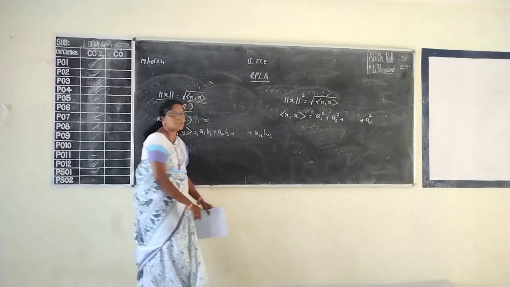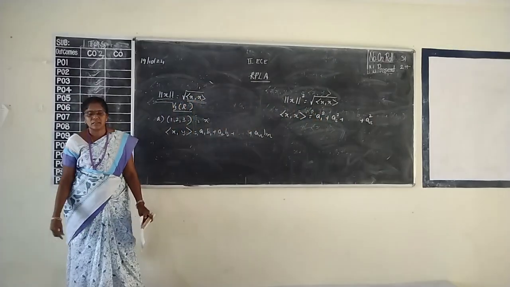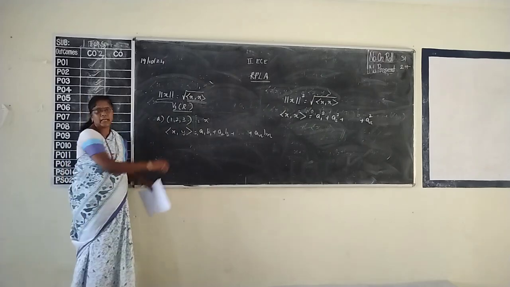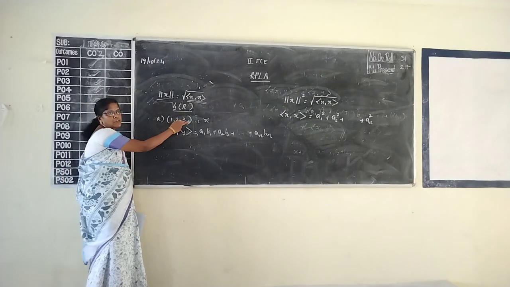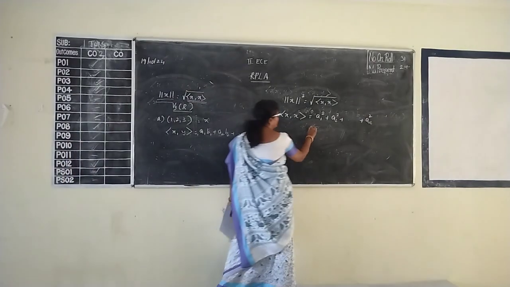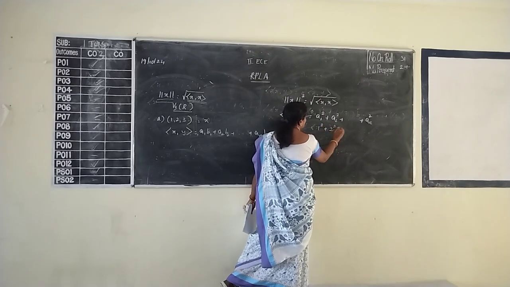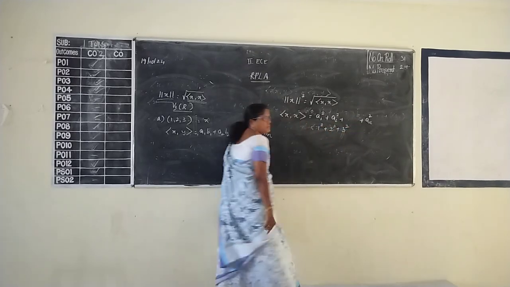This is the definition of inner product of x comma x. But what are the elements given here for x? 1, 2, 3. So what will be the answer? 1 square plus 2 square plus 3 square. Only 3 elements.